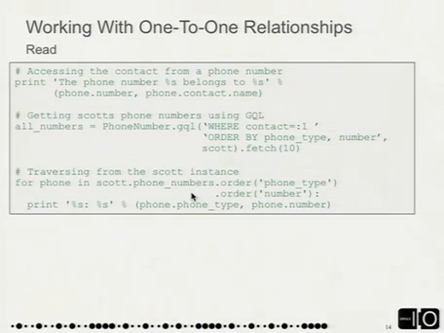Phone numbers, this virtual property, actually returns a query. So we can add sortings to it, and we can filter it, narrow down the things that we're looking for. So, for example, perhaps we were only looking for mobile phone numbers. We could get all of Scott's mobile phone numbers using a filter, which I'll show later. We iterate over this, and we access information about the phone number just like we would any other Python object. And hopefully that's very intuitive.